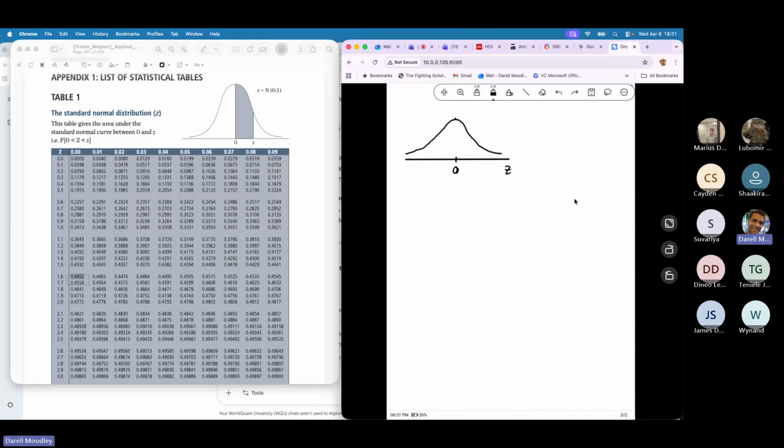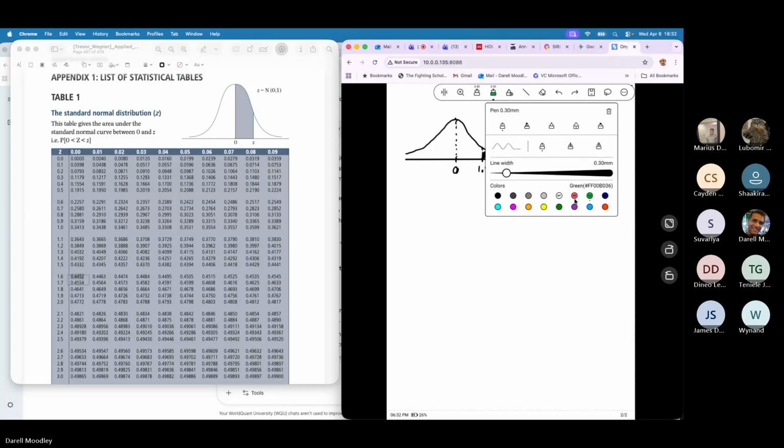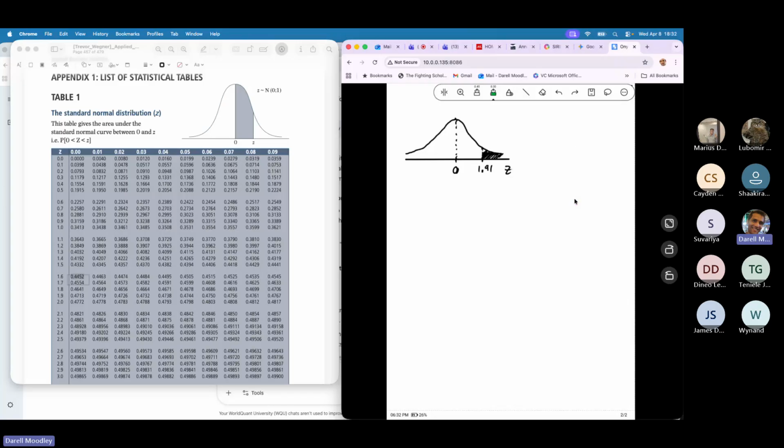So here's 1.91, and we were trying to find this area here. But the area that you found, I'll shade this in green so you understand the difference, is this area in the green, between 0 and 1.91.